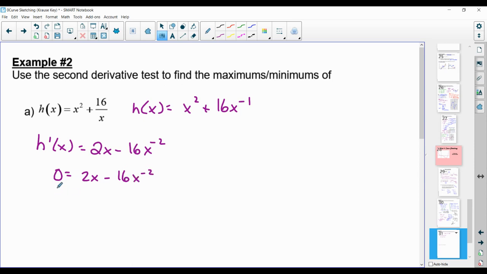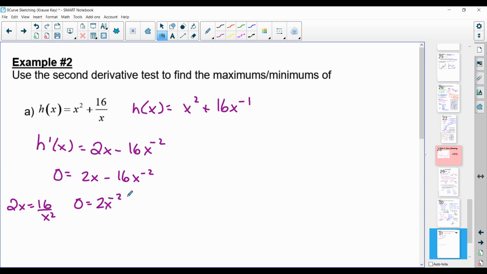Now we can certainly just bring the 2x over and solve, but we will end up losing that one of our values is x. So we could rewrite this, if you choose to, as 2x equals 16 over x squared and then solve. But you have to remember then your NPV, you would have an NPV of x. Another way to look at this is 0 equals 2x.